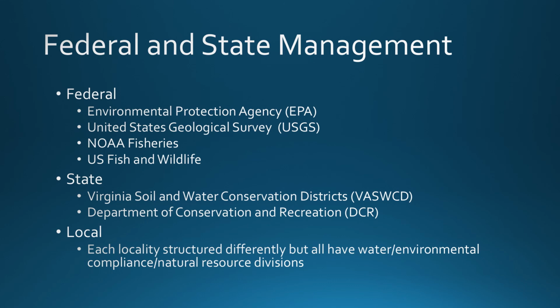Here in Virginia, we have the Soil and Water Conservation Districts, as well as DCR, who are the people in charge of state parks, who are very cool. And then at the local level, each locality is structured very differently, but every single locality, be it county, town, village, hamlet, whatever, has some sort of water, environmental, compliance, or natural resource person on staff to help manage our water use and water protection.